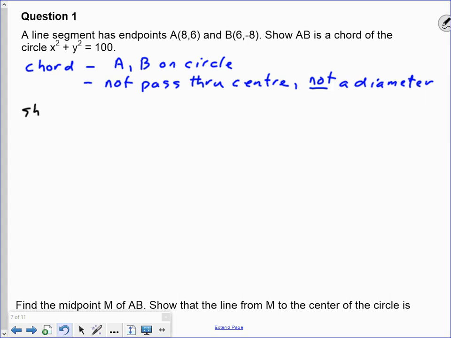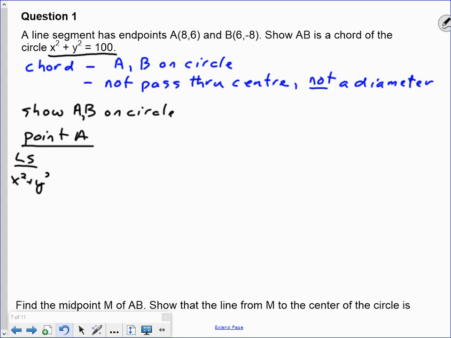So let's start by showing A and B are on our circle. We can do this with a simple left side, right side check. If point A is on our circle, it has to satisfy the equation of the circle. So for point A, let's do a left side, right side check. Our left side is going to be x squared plus y squared.